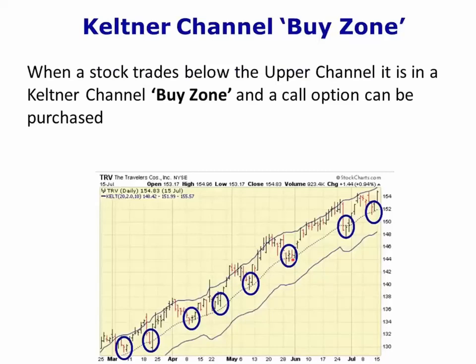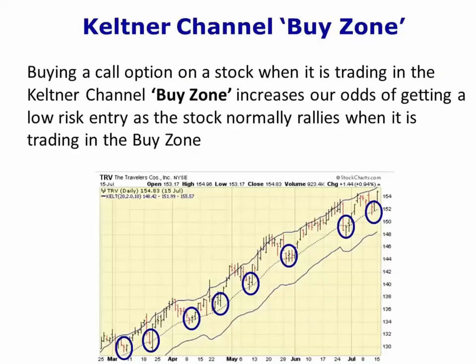So when we're purchasing a call option, we will purchase the call if the stock is in the Keltner Channel Buy Zone and it's trading below the upper channel. Using the buy zone increases our odds of getting a low-risk entry as the stock normally rallies when it's trading in this buy zone.